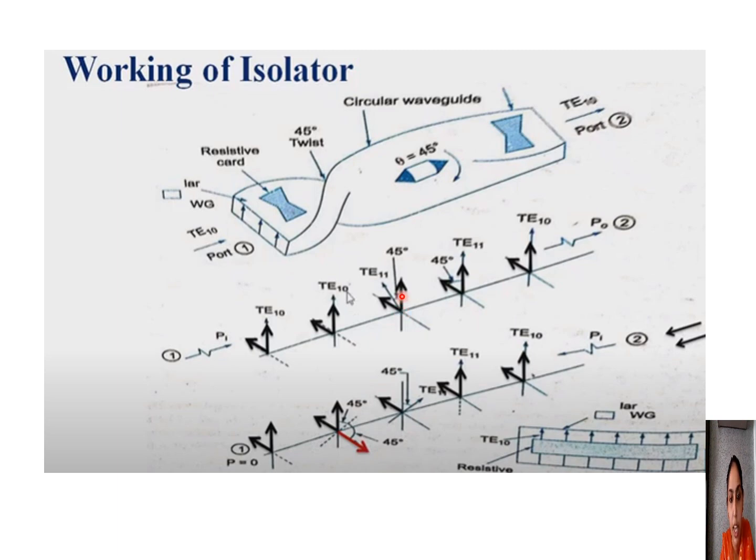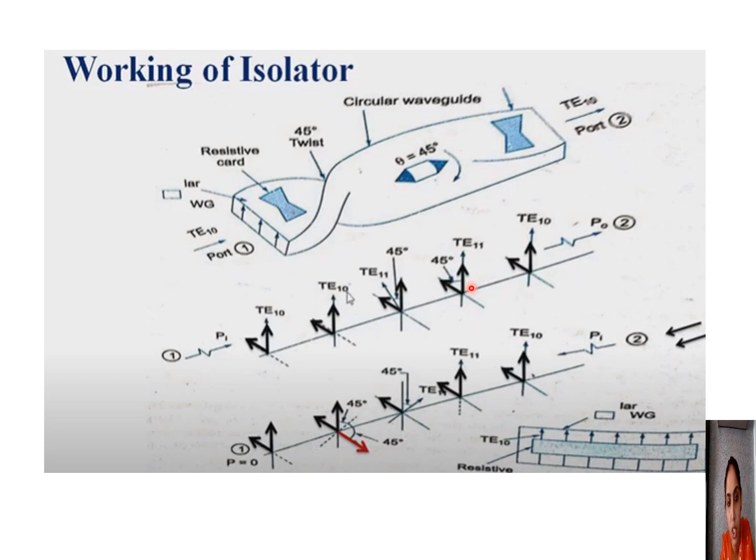When it reaches the ferrite material, due to Faraday rotation, there is a 45-degree rotation in the clockwise direction. So in effect, it is twisted by 45 degrees anti-clockwise, and due to the ferrite it gets a 45-degree rotation clockwise.